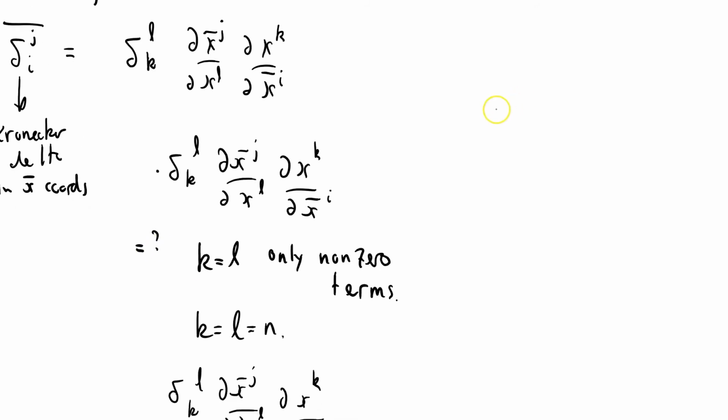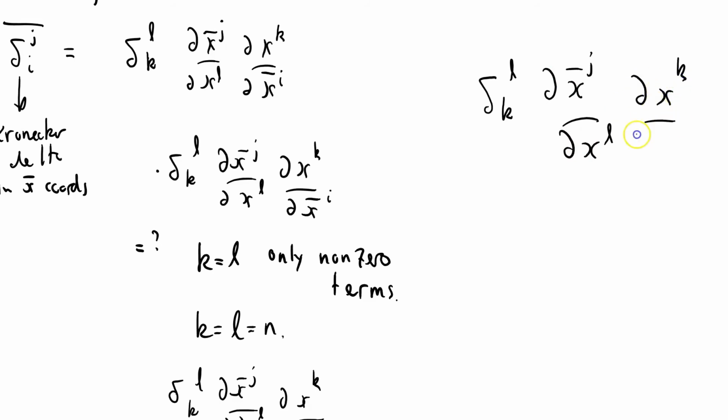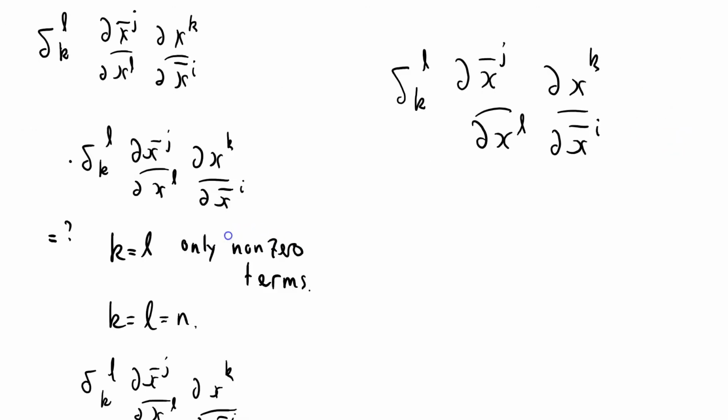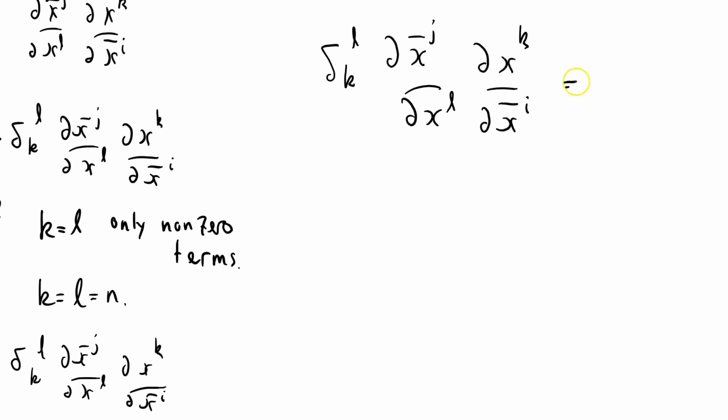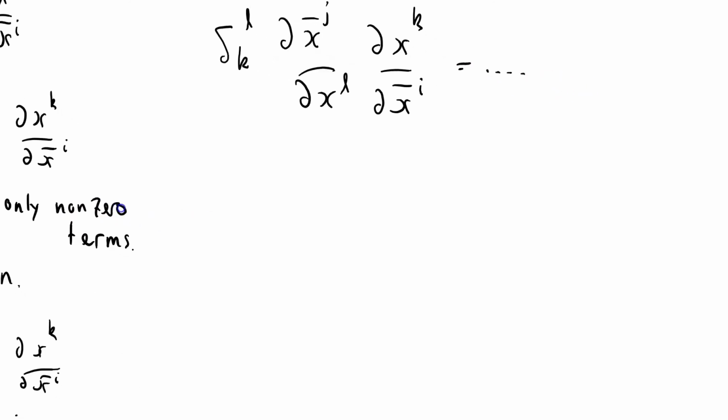I was wondering what the Kronecker delta looks like in the barred system: delta kl, di x bar j by di xl, di xk by di x bar i, summed over k and l, equals, and then by calculus and a whole bunch of other things, I showed that that was equal to 1 if i equals j, and 0 if i is not equal to j.